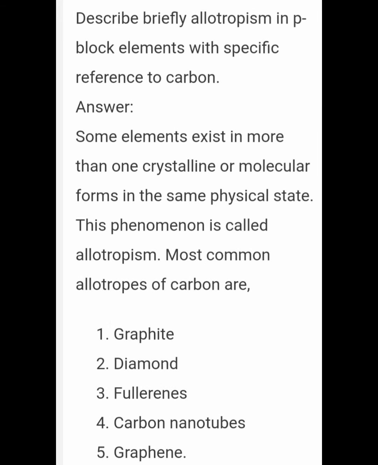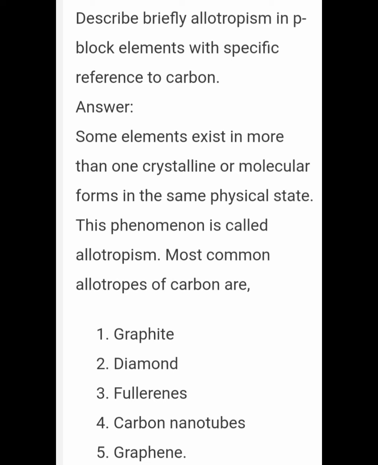The next topic we are going to see is allotropes of carbon. We know allotropy means the same element can exist in many forms. Their physical properties are different but chemical properties are the same. This is called allotropy. So carbon also exists in many allotropic forms. Graphite and diamond are the most common allotropes you have studied in lower classes.